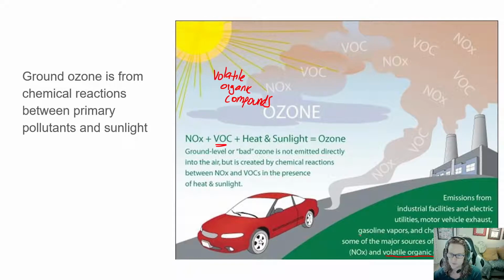Gas vapors is a VOC down here, chemical solvents, nail polish, that really strong smell coming out of nail polish is a VOC. That strong smell coming out of your floor cleaner like Pine-Sol or Fabuloso, that's a VOC. That strong smell coming out of paint when you just freshly open a can of paint, VOC. So VOCs are in a lot of our industry and things we make and do, and they get out. The gasoline vapors at the car when you're filling up your car for gas, those are VOCs also.